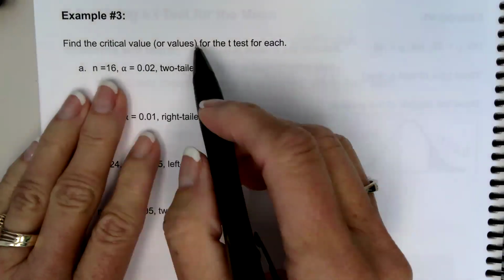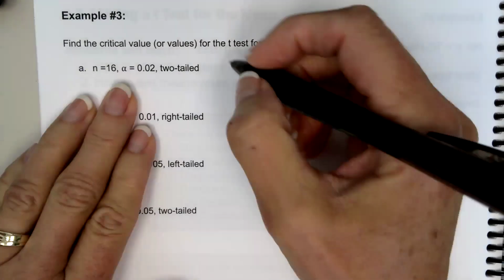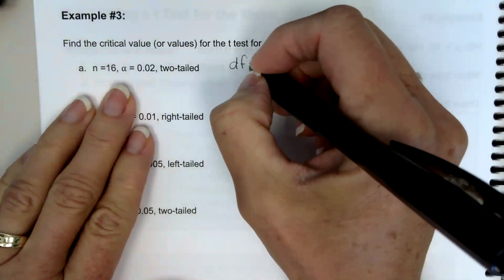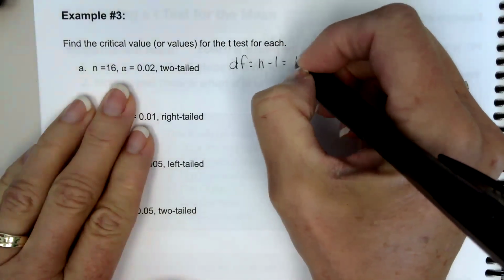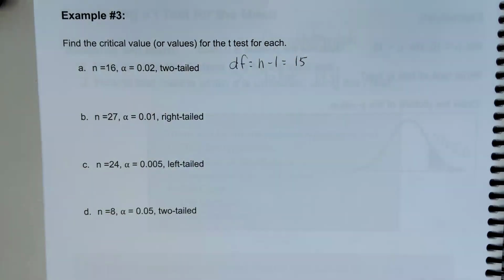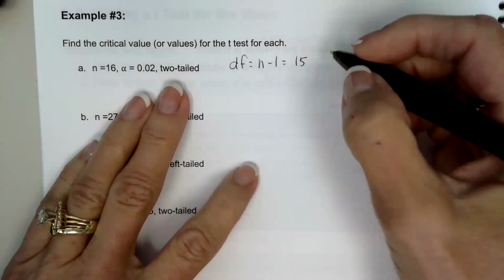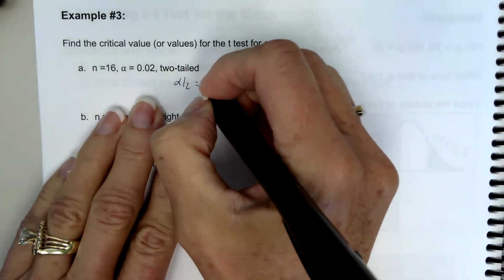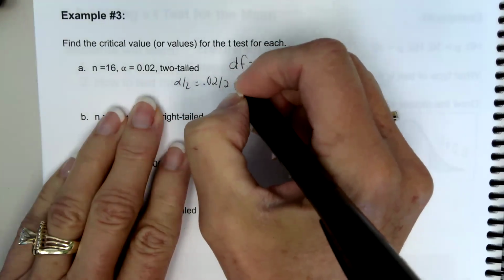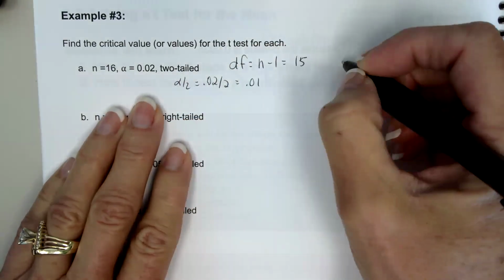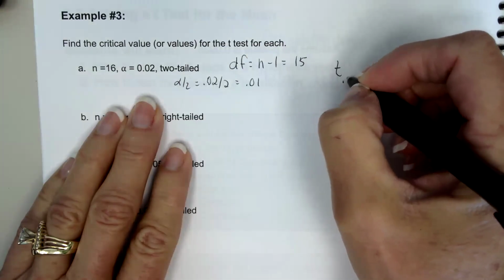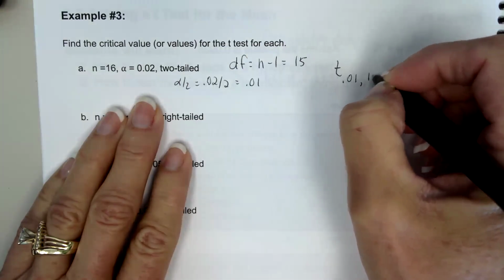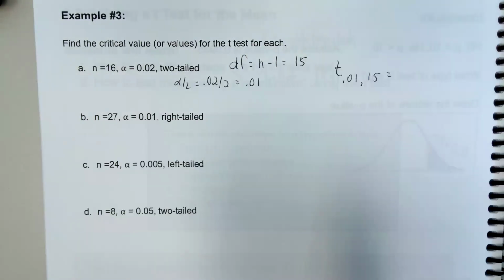So a critical value for n equals 16, we need to know the degrees of freedom, which is n minus 1, so that's 15. And for a two-tailed test, because it's two-tailed, then we're looking at alpha divided by 2, which is 0.01. So we're looking at t of 0.01 and 15.